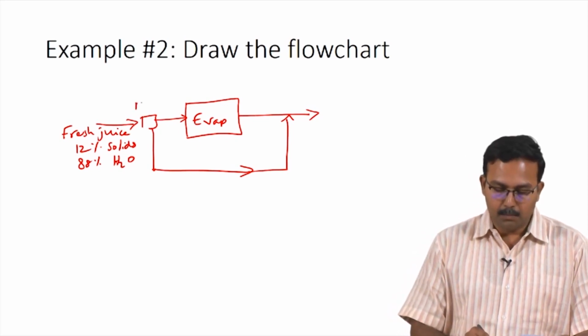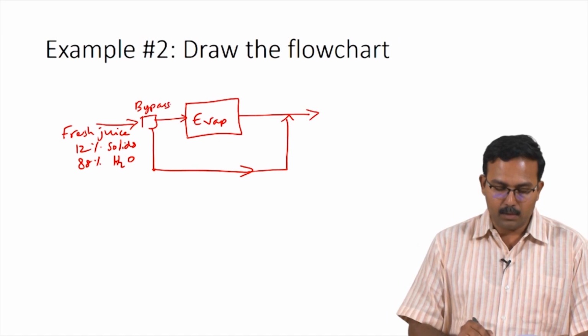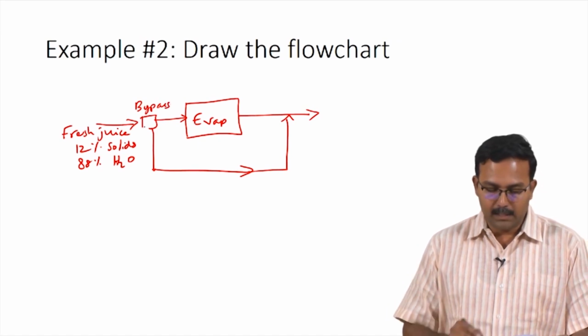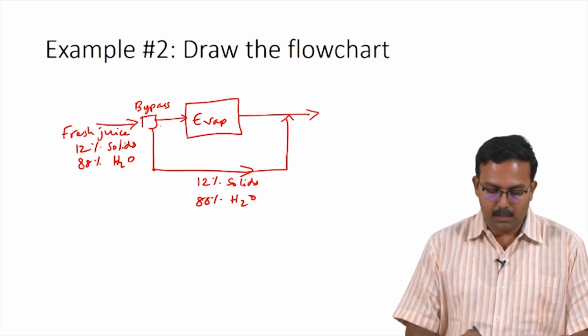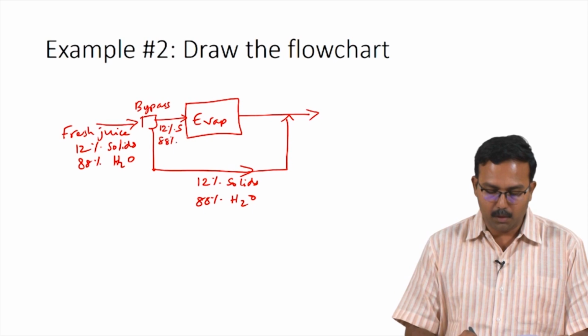So, now this position would be the bypass. So, this is the splitter. Considering this to be a splitter, you would have 12% solids and 88% water in all these streams. This would also be 12% solids and 88% water.